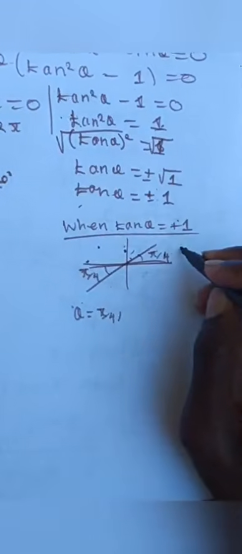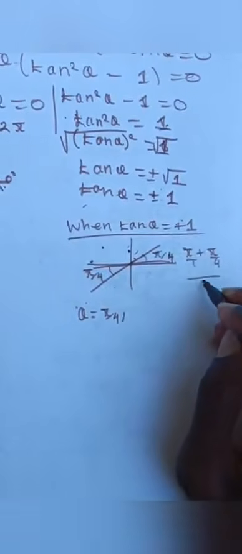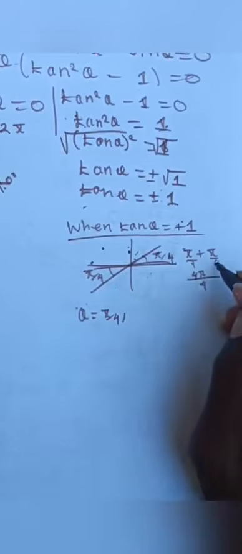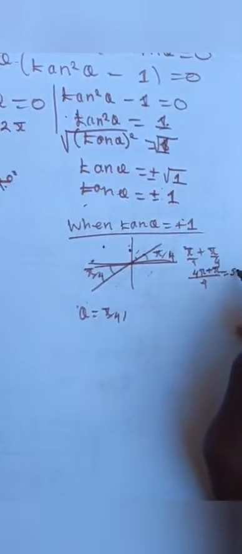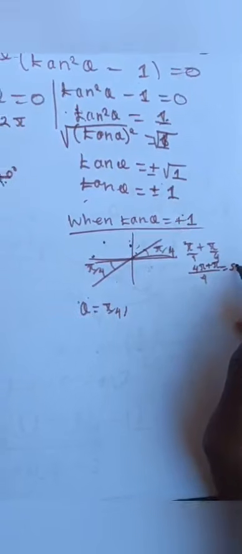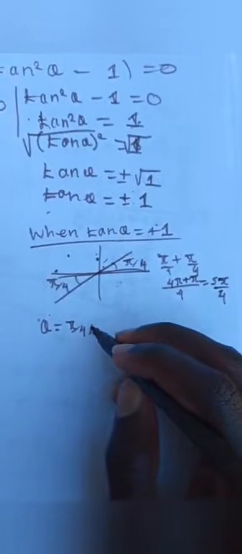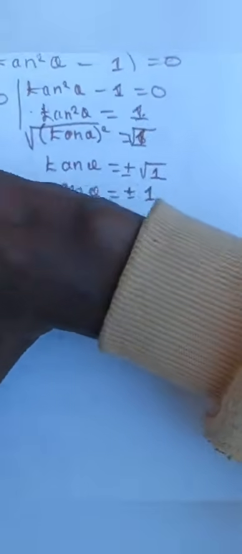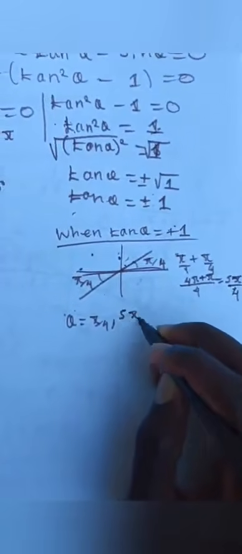The other one is pi plus pi over 4, which is 4 pi plus pi, that's going to be 5 pi over 4. So we have 5 pi over 4.